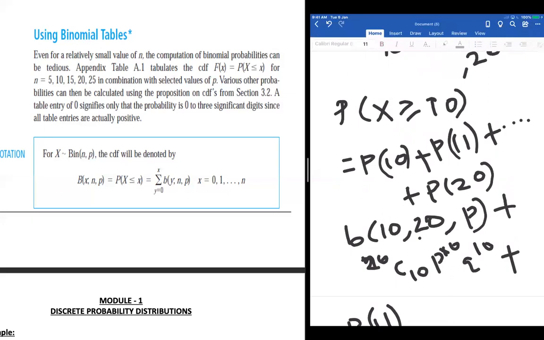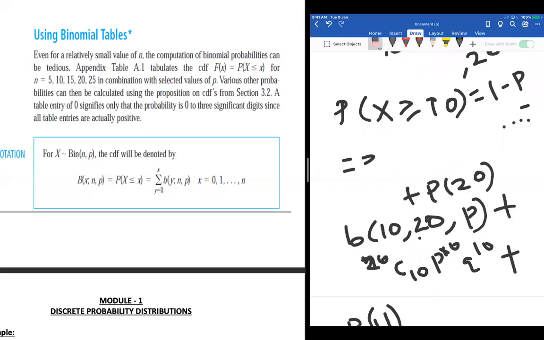This can be calculated by using the table. P(X greater than or equal to 10) is equal to 1 minus P(X less than or equal to 9), that is, less than 10. That means P(0) plus up to P(9), excluding P(10). The probability P(X less than or equal to 9) can be calculated by using the table, so it is very easy to find the value.